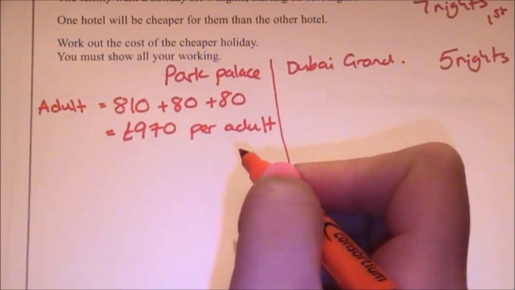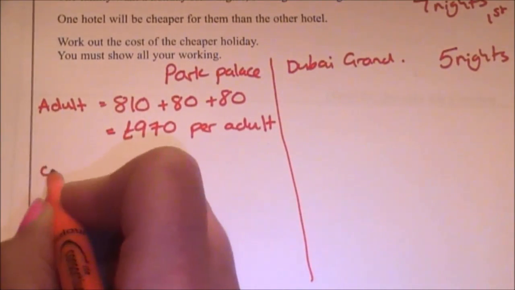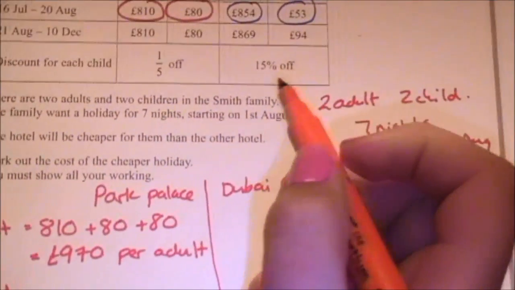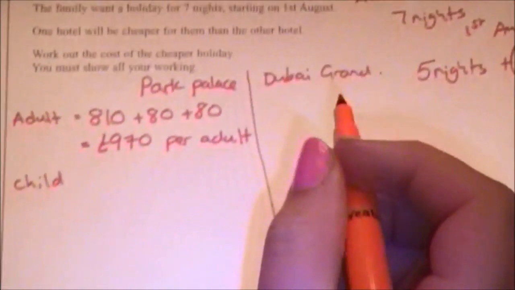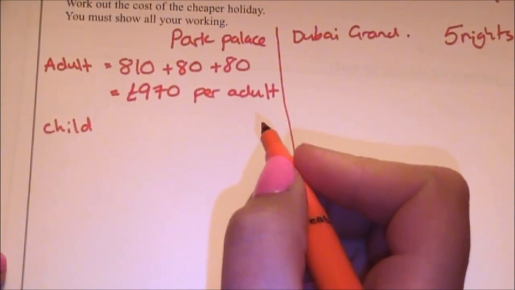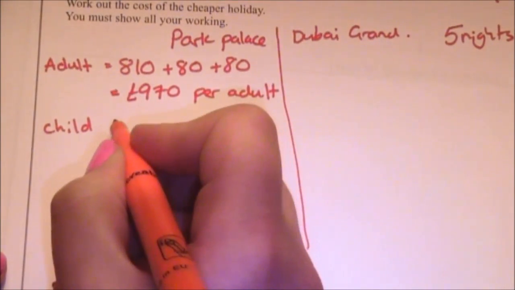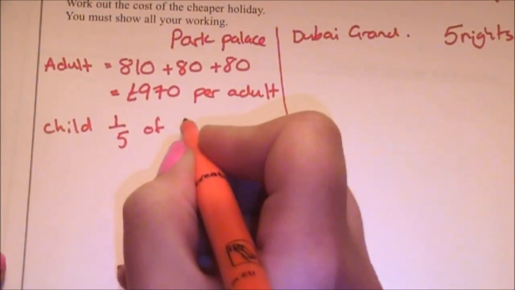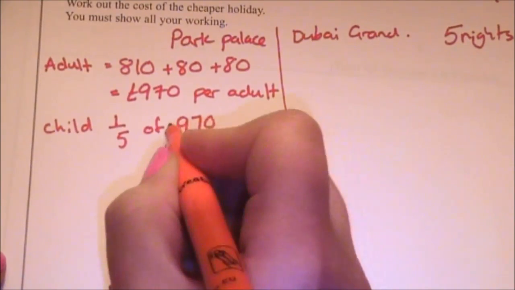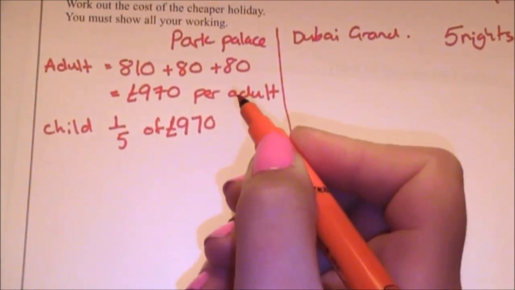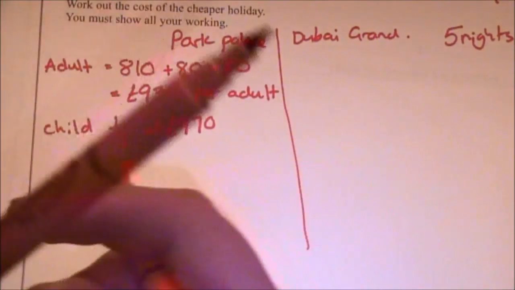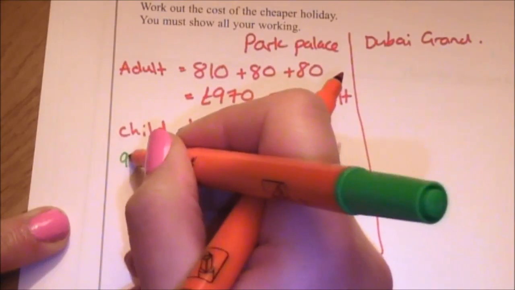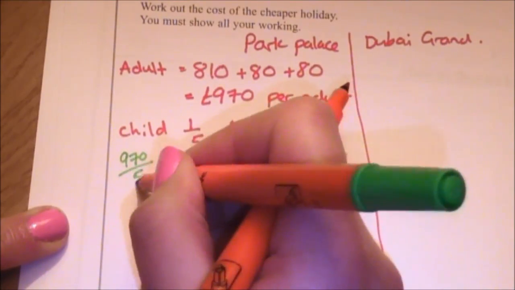And from that, I'm going to work out the cost of a child. Now it says the discount for a child is 1/5 off. So the first thing I have to do is find 1/5 of £970 because that's the adult. Now to find a fifth is the same as dividing by 5. So what this really is asking is 970 divided by 5.